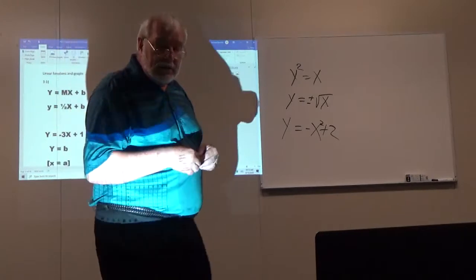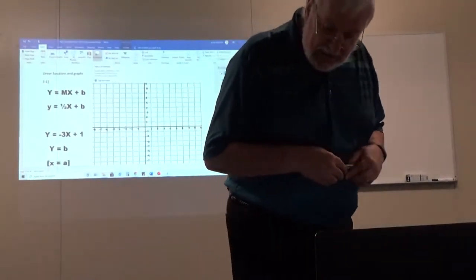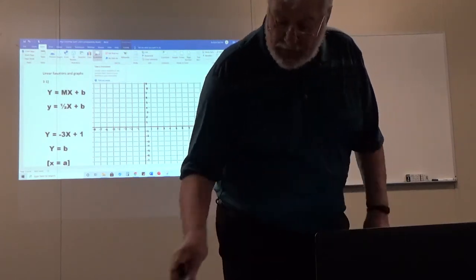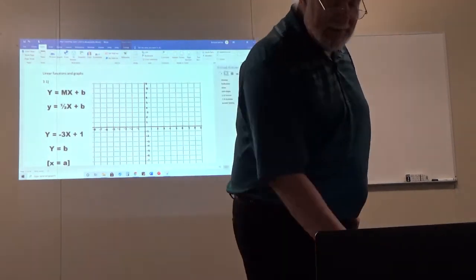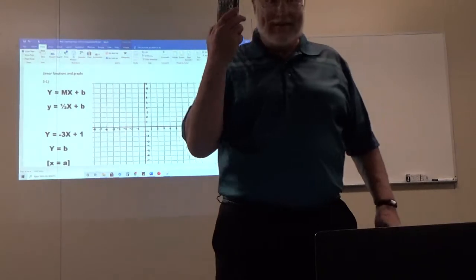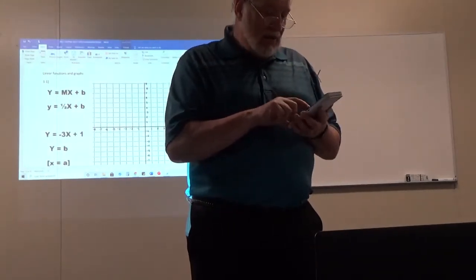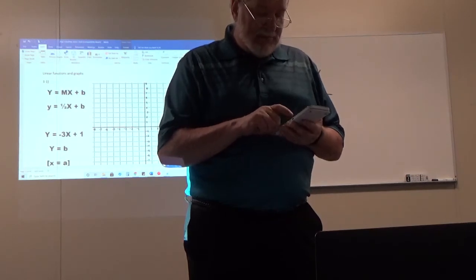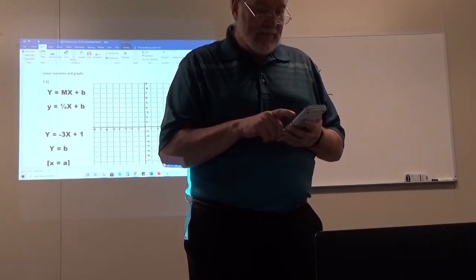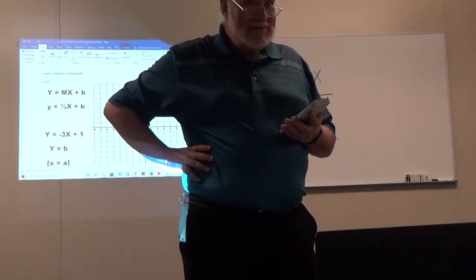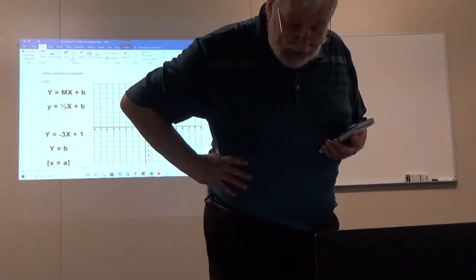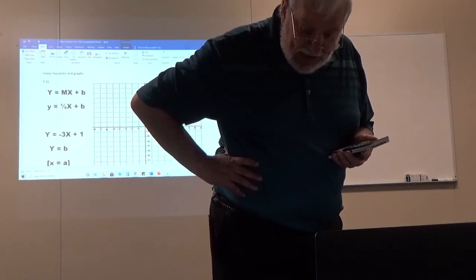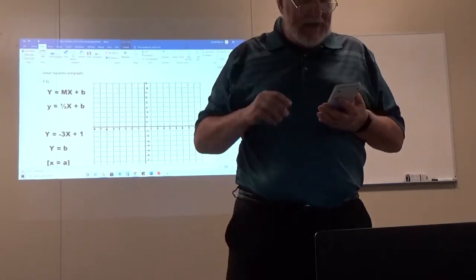All right, now, the problem with that graph is that it's asking you for only specific points. Okay, now, take your calculator and go second graph, and it brings up a table. What are you going to have to do with your up and down arrows to find what the value of y is when x is negative 2?